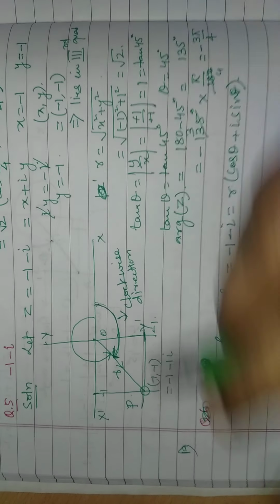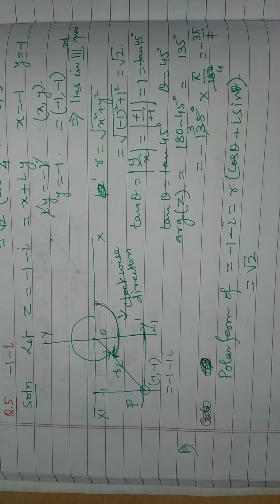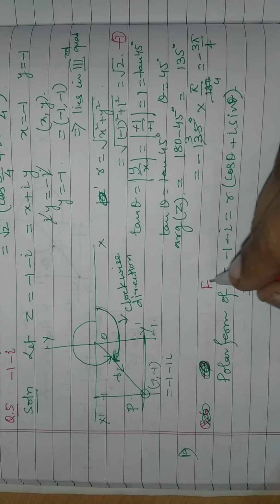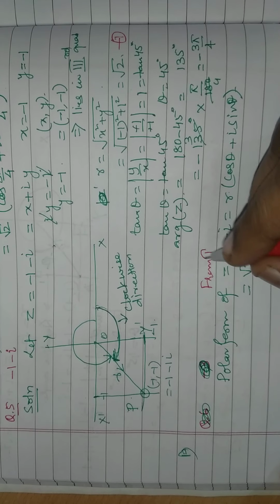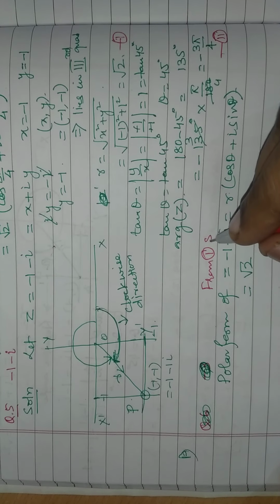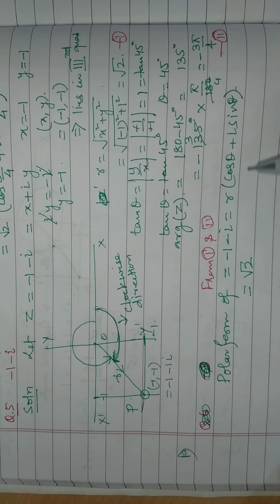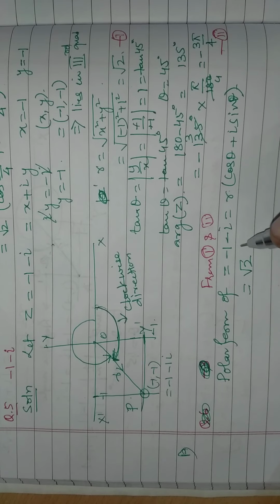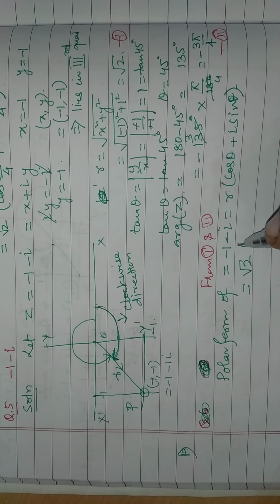From here we have equation number 1, and this is equation 2, the argument, and from 1 and 2 we will put the value. So this is root 2, and then I am writing over here a small square bracket.